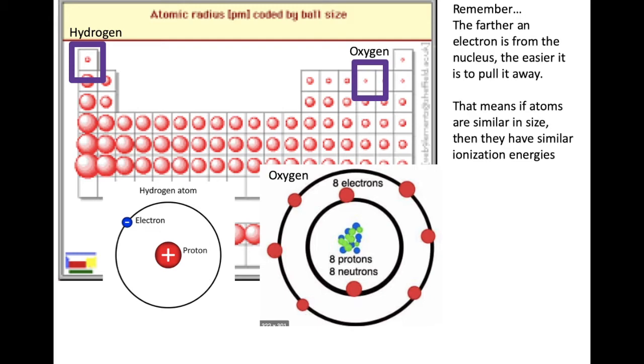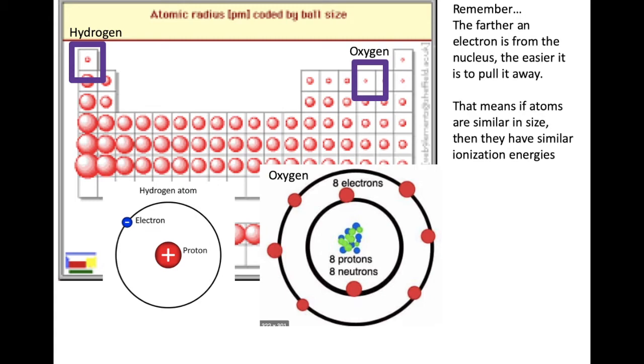And remember, the further an electron is from the nucleus, the easier it is to pull it away. But when we actually look at the sizes of hydrogen and oxygen, they're pretty similar. Hydrogen only goes to one energy level, oxygen only makes it to the second energy level. These atoms are pretty similar in size, relatively.